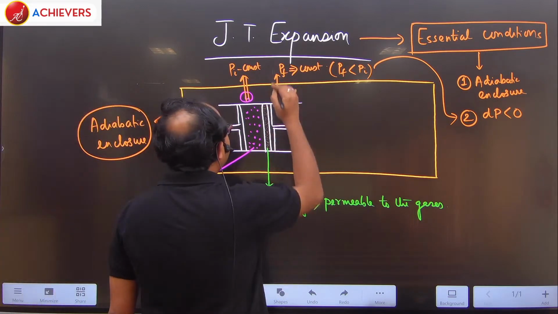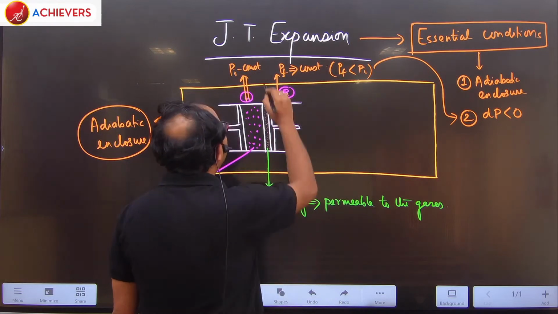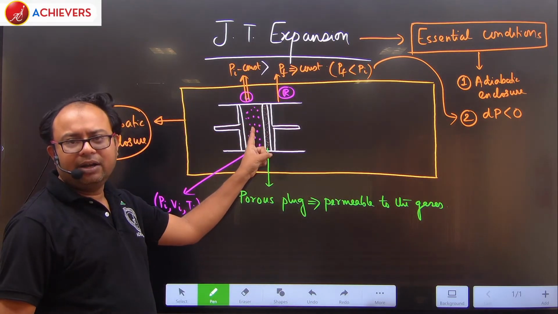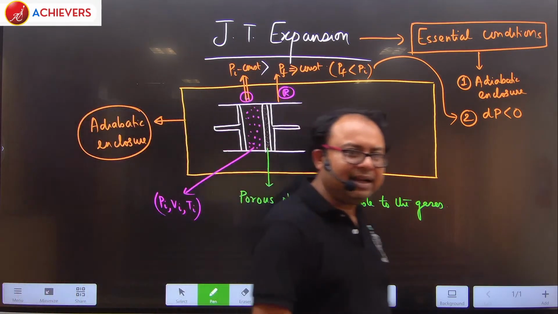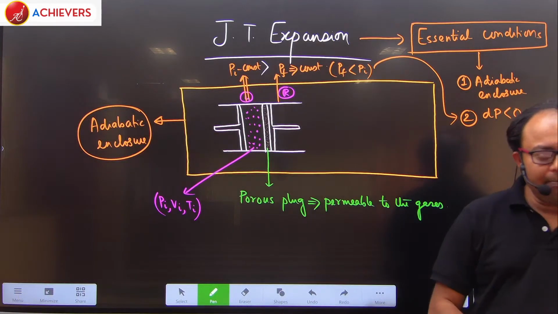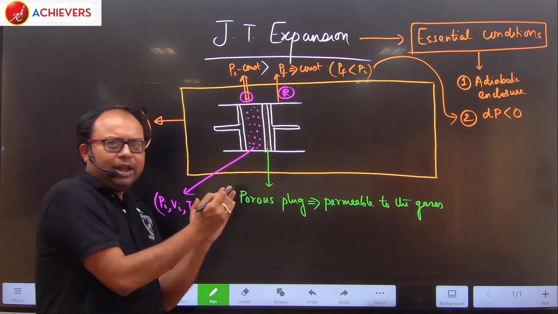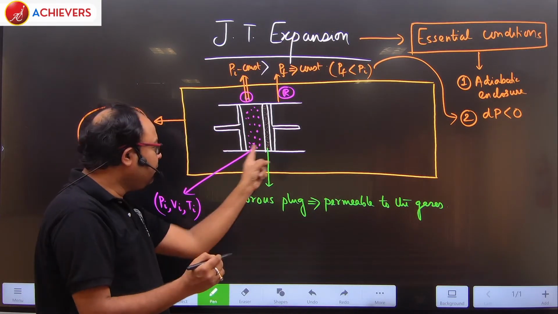Now, if you are maintaining a constant high pressure over here in the left hand side and a constant low pressure in the right hand side, then what is going to happen? Then obviously the gas molecules will flow from the region of higher pressure to the region of lower pressure through the porous plug.